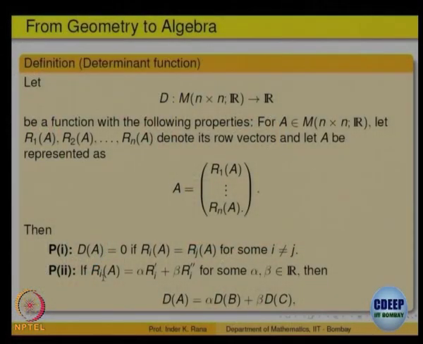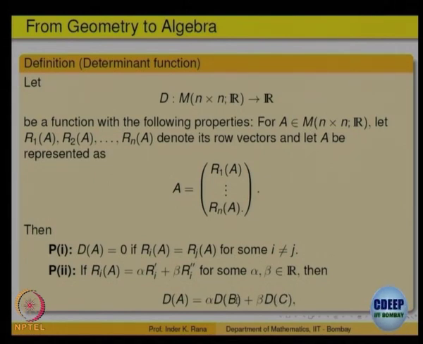And the second property is the linearity property: if the ith row of A is a linear combination of other row vectors, alpha ri dash plus beta ri double dash, then the determinant of A is alpha times the determinant of a matrix B plus beta times the determinant of a matrix C. What is B here?